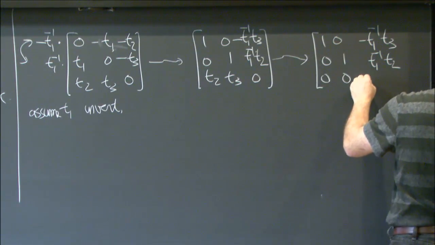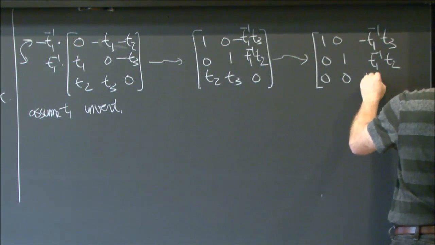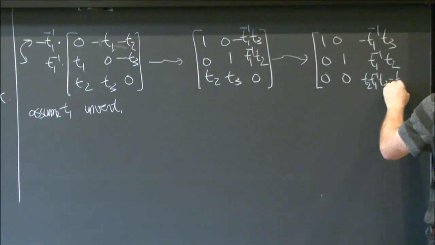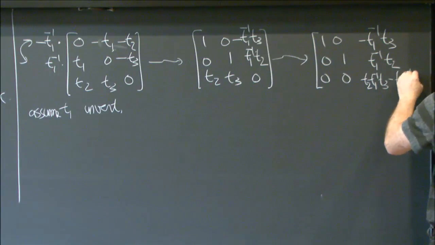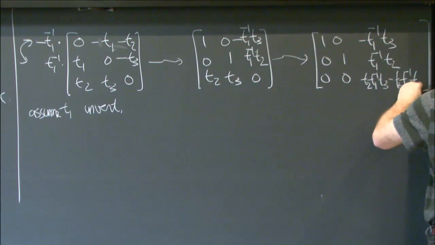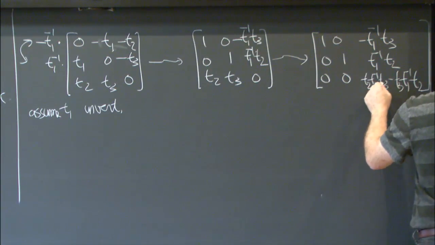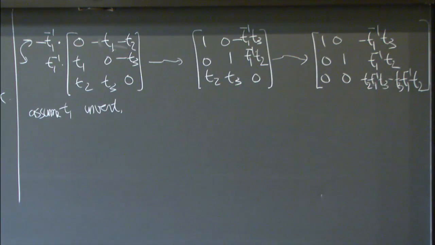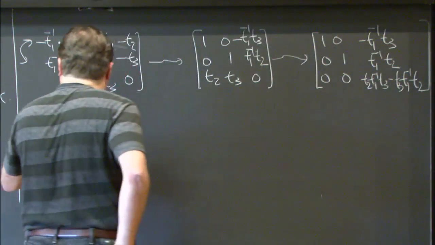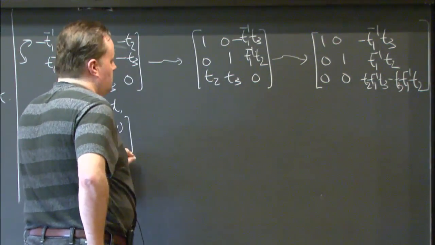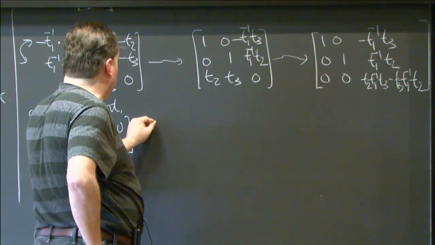And then here we get T2 T1 inverse T3 minus T3 T1 inverse T2. Okay, and now you see that if these are commuting variables, this is equal to 0, but if they're non-commuting variables, then this doesn't have to be equal to 0. In fact, if you just take, say, T1 to be the identity matrix, then that's just a commutator.